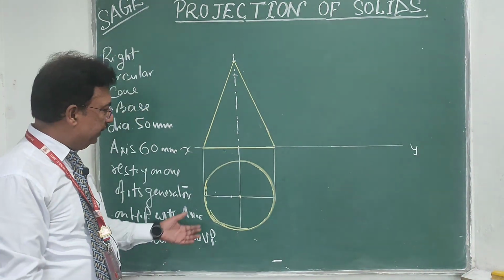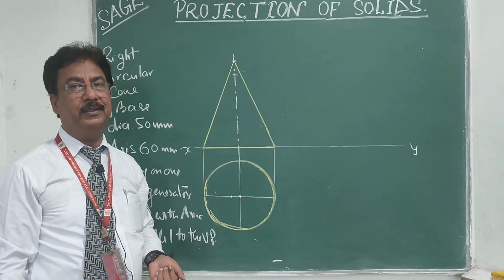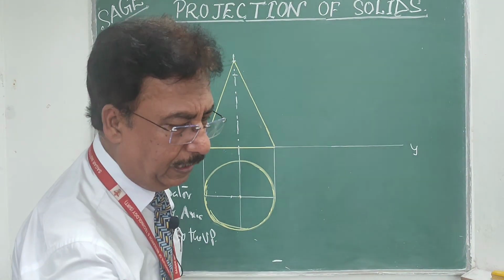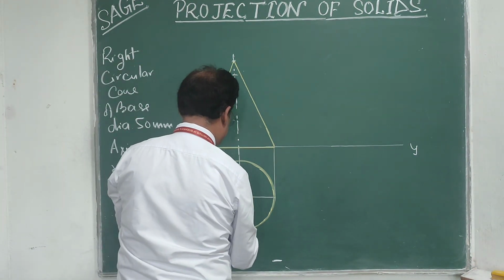Now as you know, in a circle there are no corners, so we will divide this circle into 12 parts and name those points accordingly.